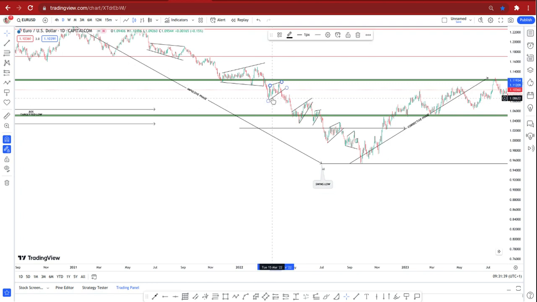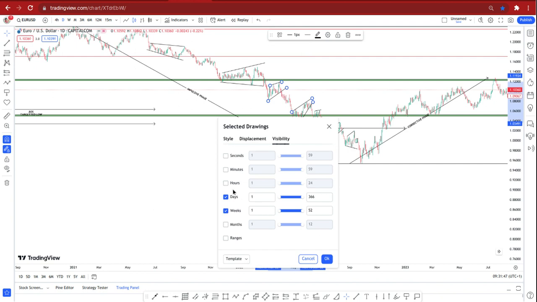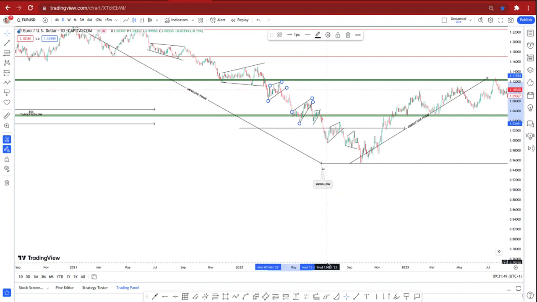1, 2, 3, 4. Visibility hourly. Then another one. 1, 2, 3, 1 here.